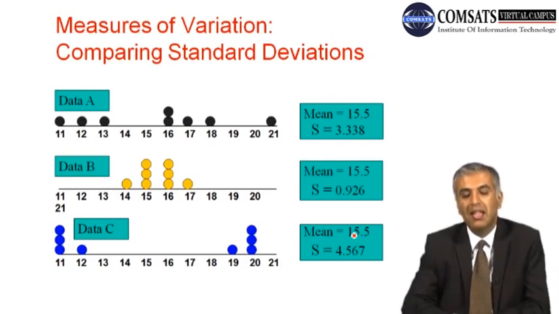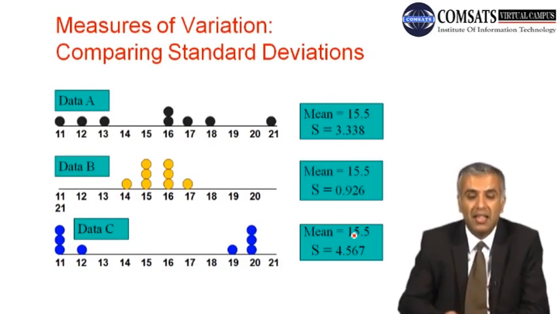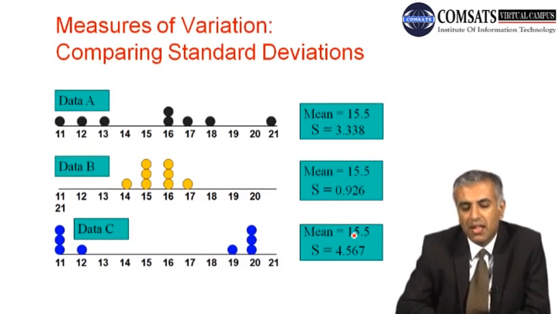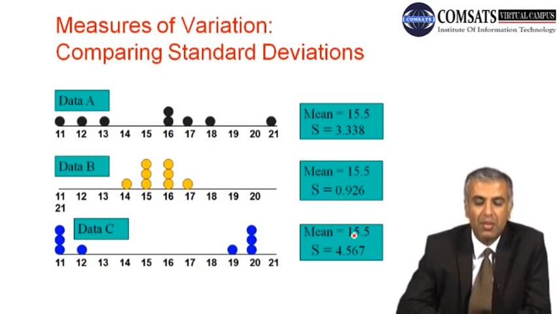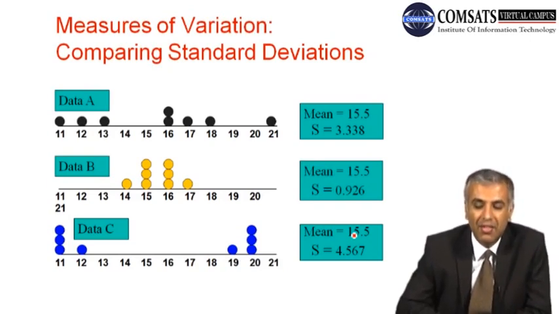Now if we have a closer look at all these three data sets, what we can see is that in the first case the data is more evenly spread and we have a certain standard deviation result. But in the second data set, the values are very close to each other. That means the data is closer to its mean. The closer the data is to its mean, the lower the standard deviation reported here.